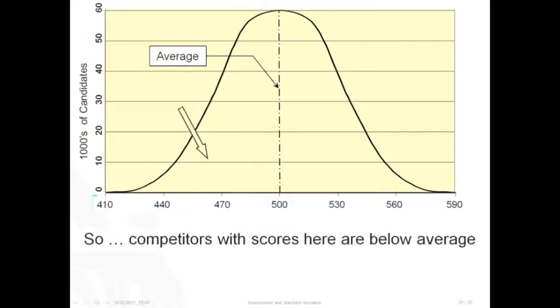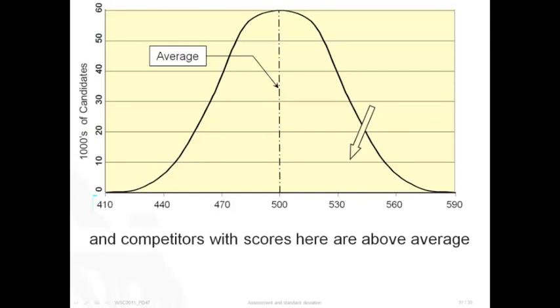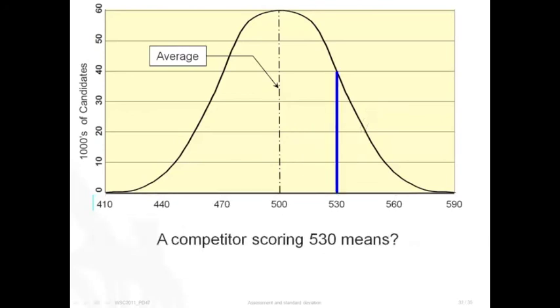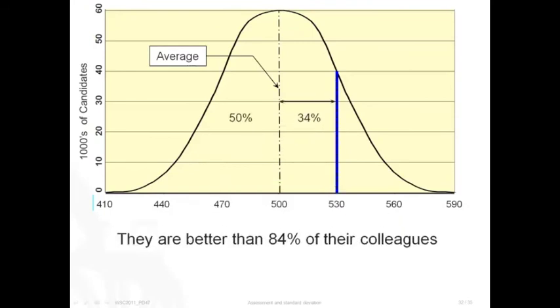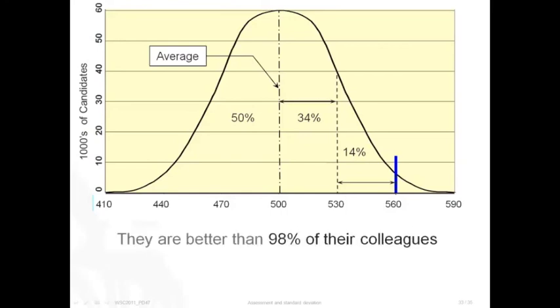So, competitors with scores here are below average, and competitors with scores here are above average. A competitor scoring 530 means they are better than 84% of their colleagues. And a competitor scoring 560 means they are better than, well, what are they better than? Yes, you've got it, 98% of their colleagues.